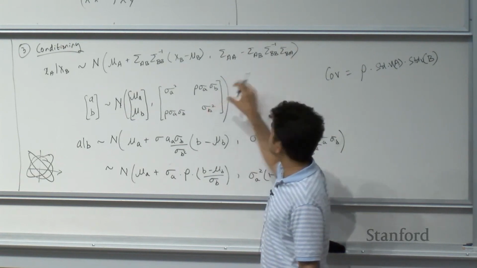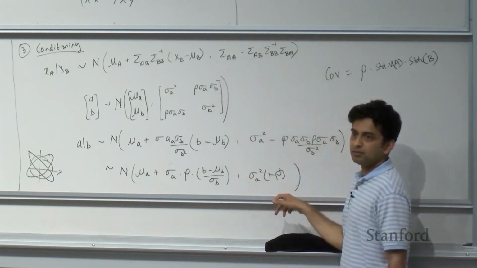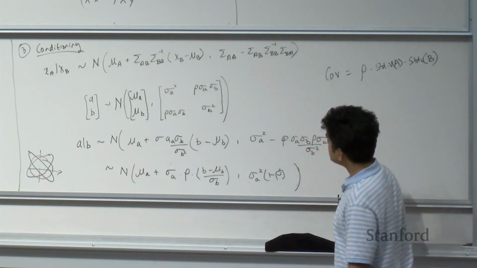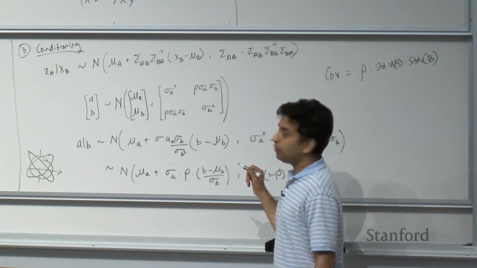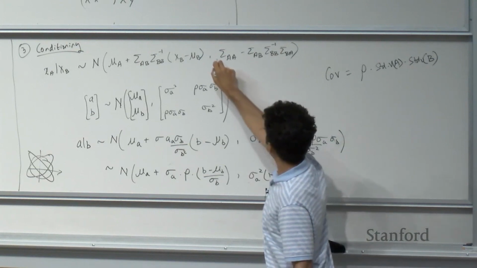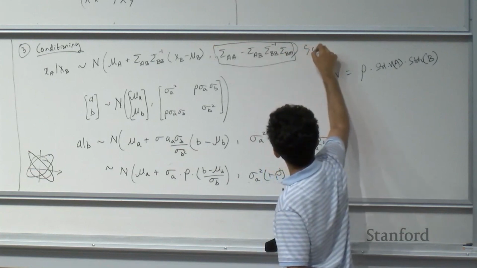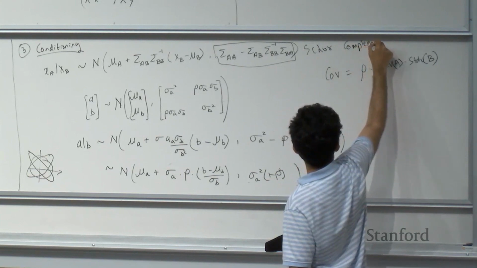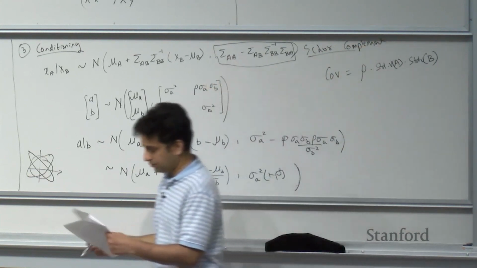Basically, you're gaining information by observing B. This is just a multivariate version of this. If you've done some advanced linear algebra, this term is also called the Schur complement. If you don't know what that is, it's not necessary, but this is basically the Schur complement of A.